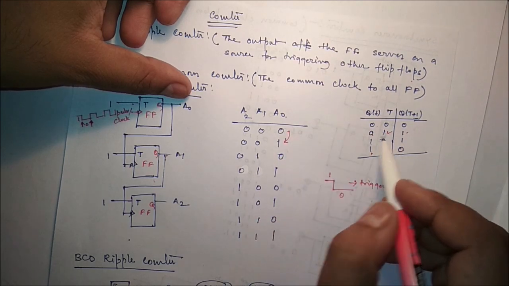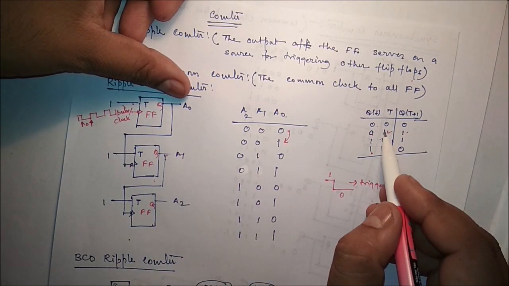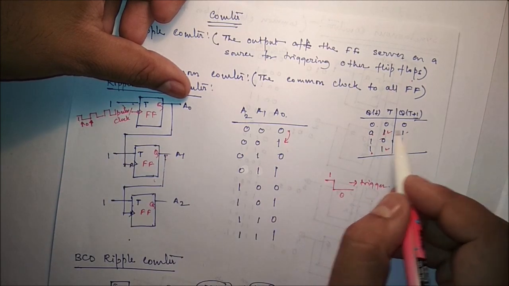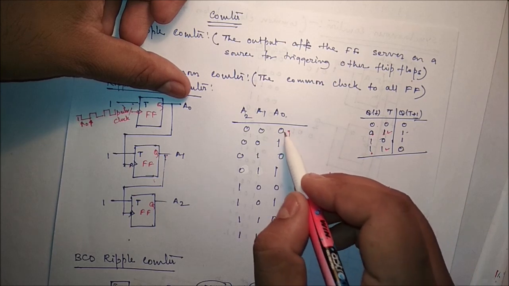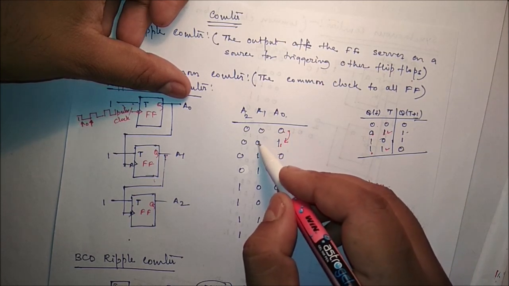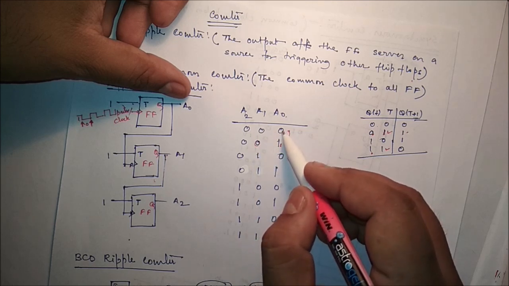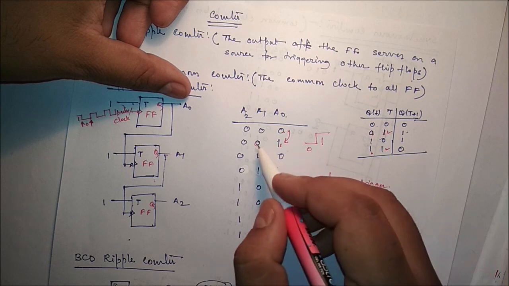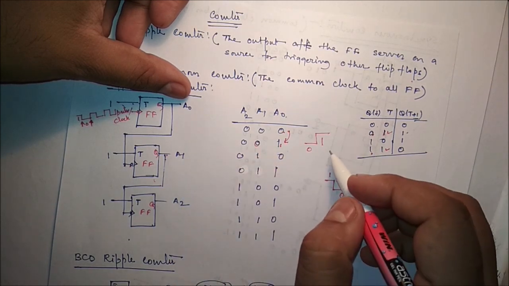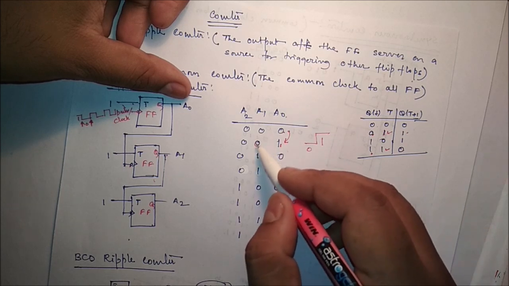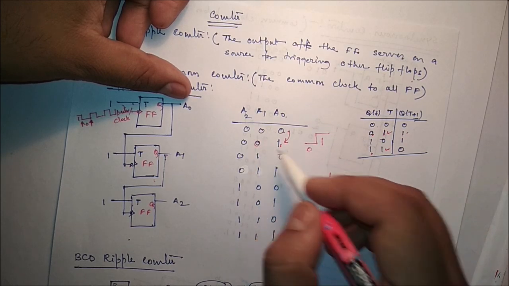Since we have applied the clock pulse, the next state will be the complement of the present state. But this particular part will not change because it moved from 0 to 1. Since the flip-flops are negative edge, not positive edge flip-flops, it will not change the content of the next state of A2 A1.